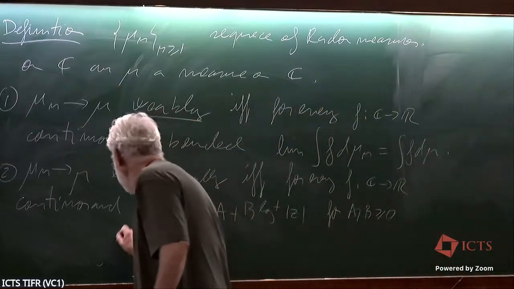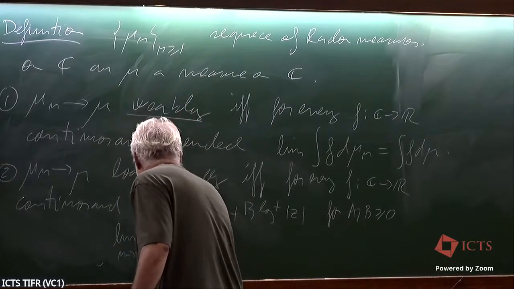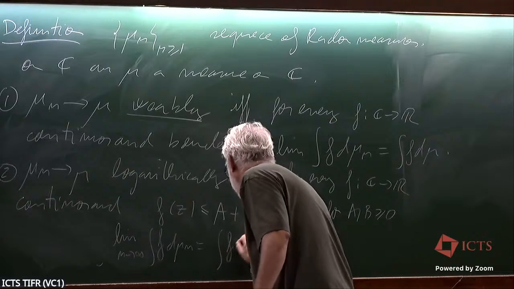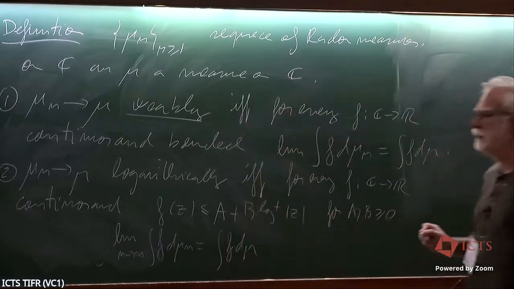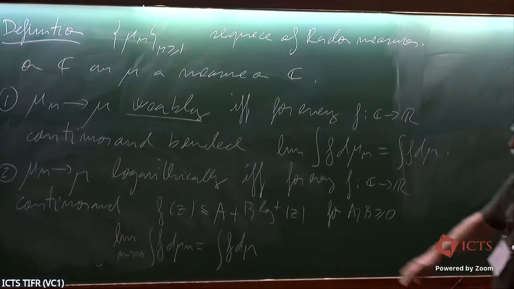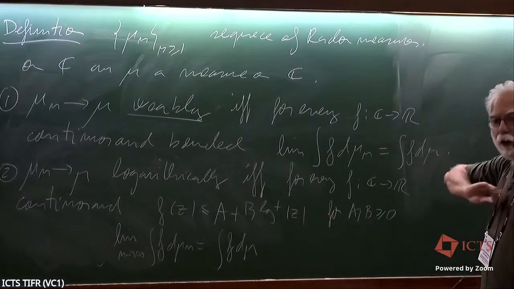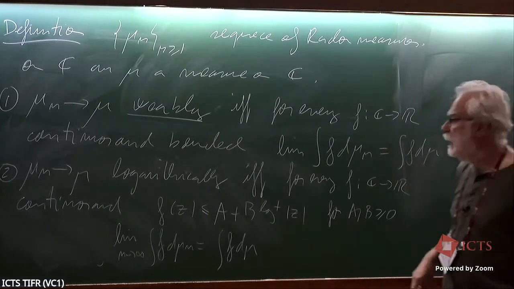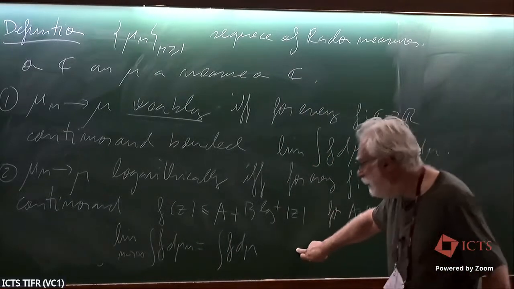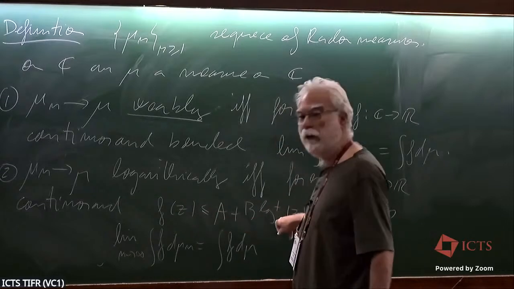The limit when n goes to infinity of the integral of f d mu n is equal to the integral of f d mu. So this is another definition. We say that it converges weakly if we have convergence for every continuous and bounded function. We'll say that it converges logarithmically if we have convergence for every function that is continuous but not even bounded. It's bounded only by the log.